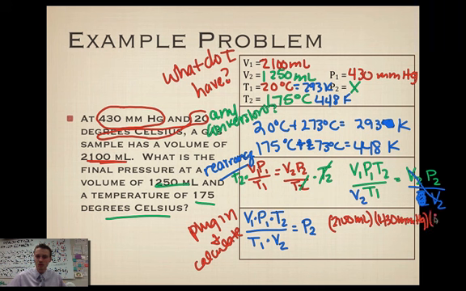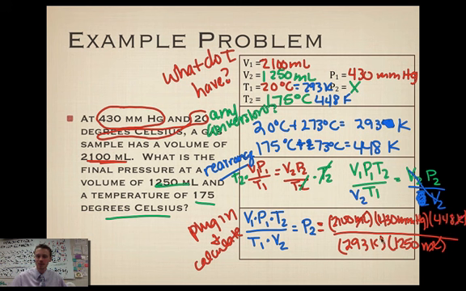My temperature 2 was 448 Kelvin. I'm just going to say that P2 is that, because I don't have room to write P2. My temperature 1 is 293 Kelvin, and my volume 2 is 1,250 milliliters. So now when I cross out my units, my milliliters cancel.